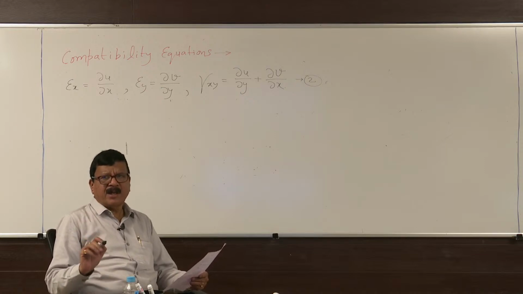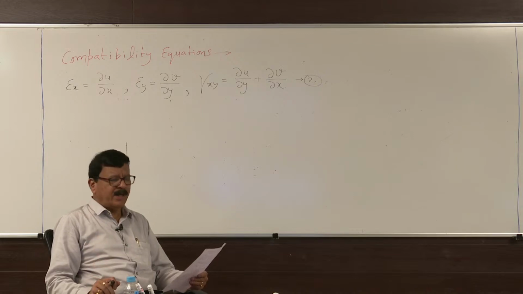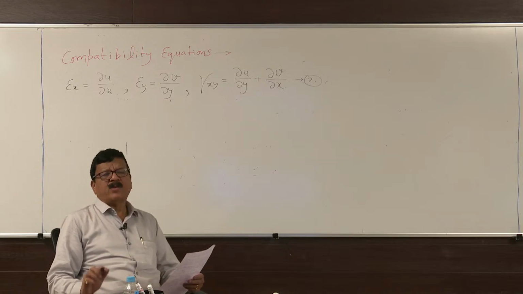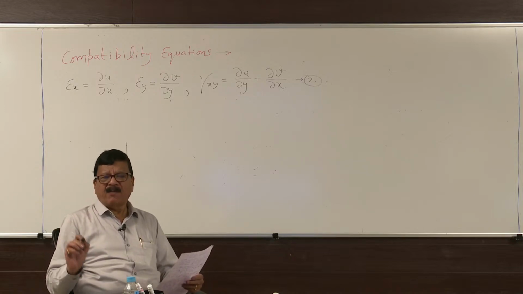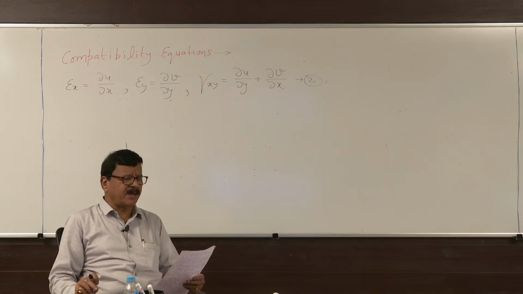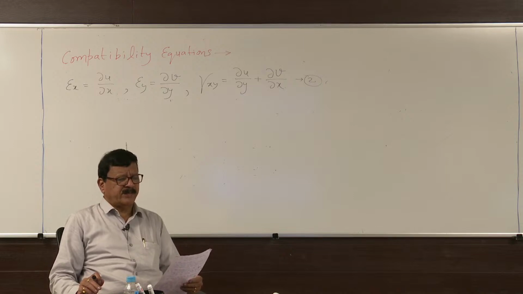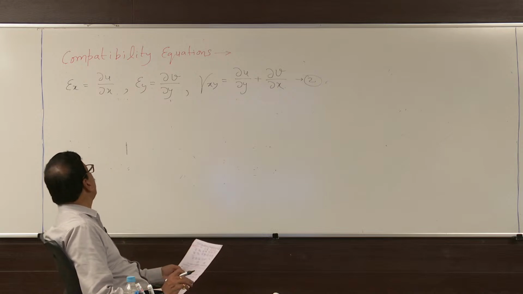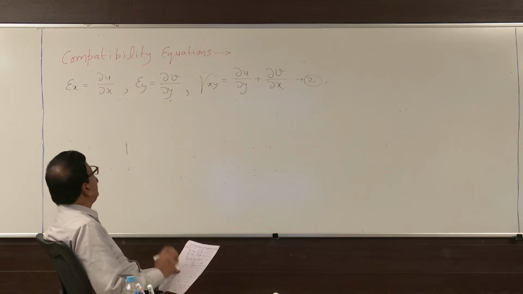We are talking just now about the two dimensional case only, therefore we are not taking w into account. So u, v, w are the components of displacement in the x, y and z directions respectively, and the angular strain gamma xy is equal to del u by del y.